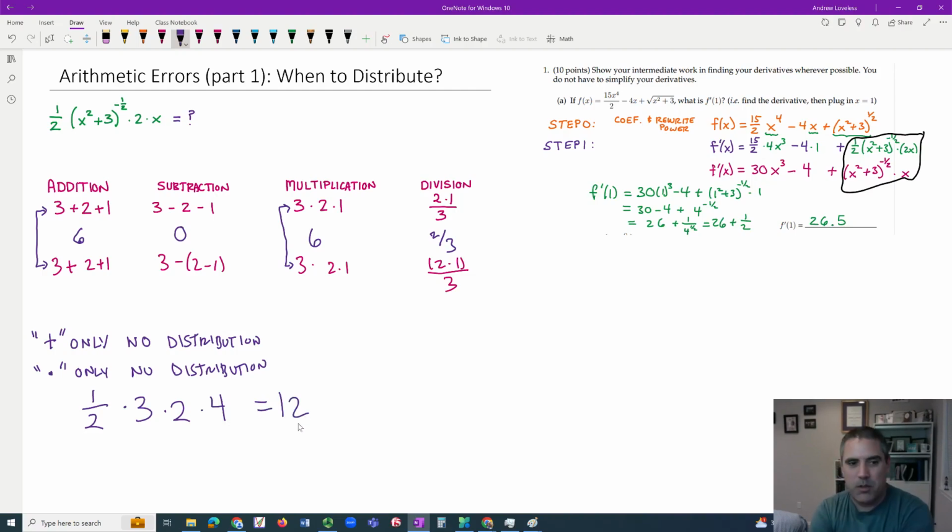I find in my experience a lot of students will get a calculator out. And they'll do, 1/2 times 3 is 1.5, times 2 is 3, times 4 is 12. That doesn't make any sense to me. I had a student the other day say they were taught something called, their instructor called the telephone method, which I thought was awesome.